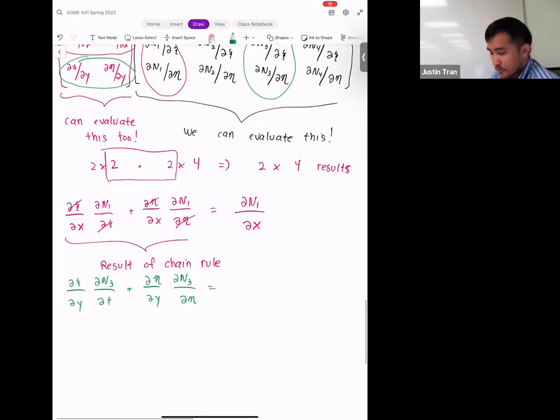And just like its pink brother above, this is the result of the chain rule as well, the chain rule of partial n3, partial y.